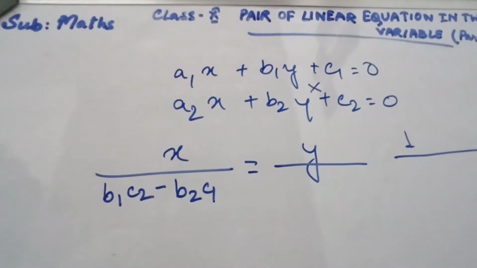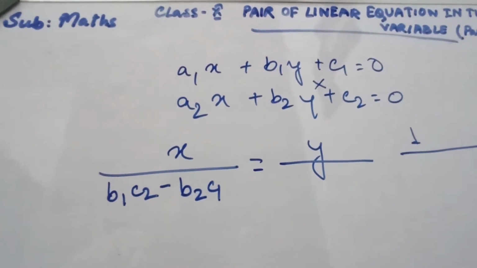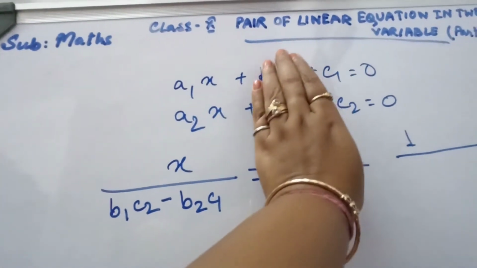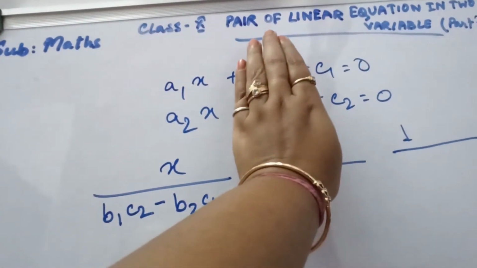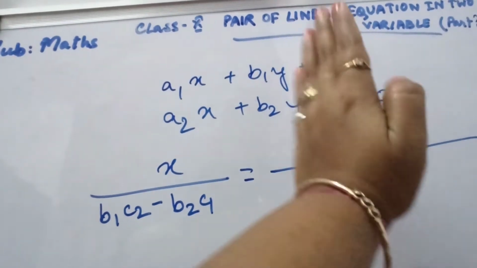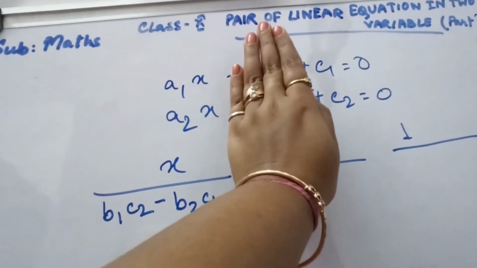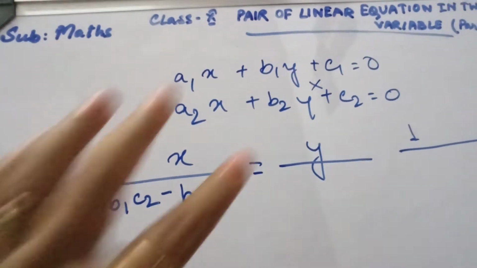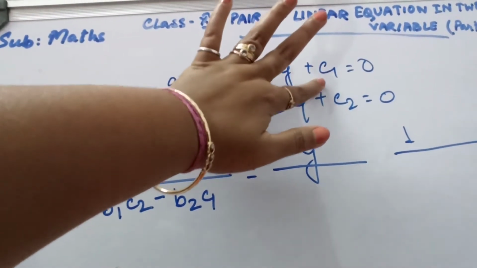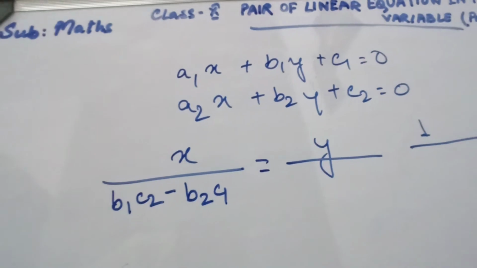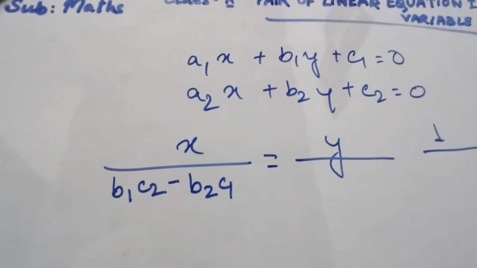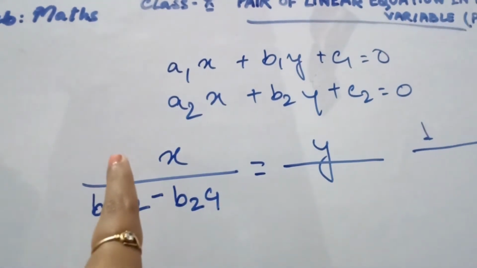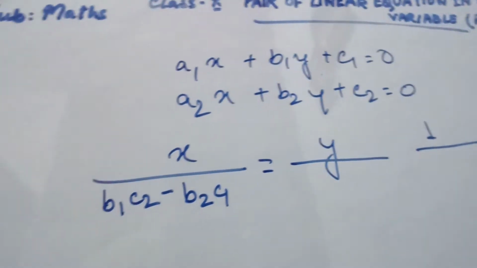Next is our y. So whichever variable we are talking about, we will just cover that variable, and the variable next to it we will be seeing. Next is what? c1 and c2. Correct? So next will be c1 into, always we will start from the upper one.